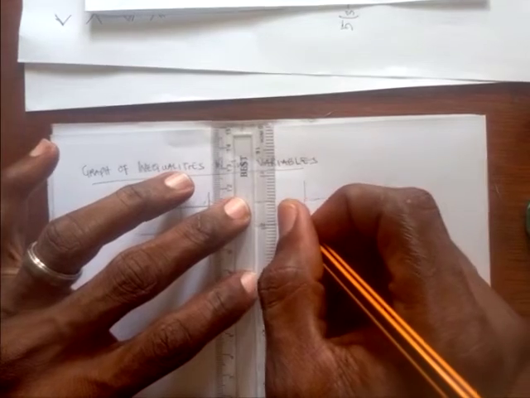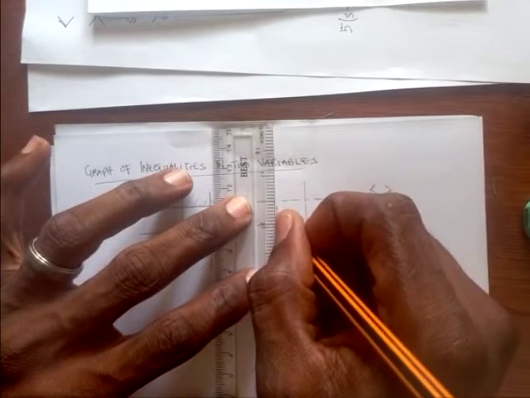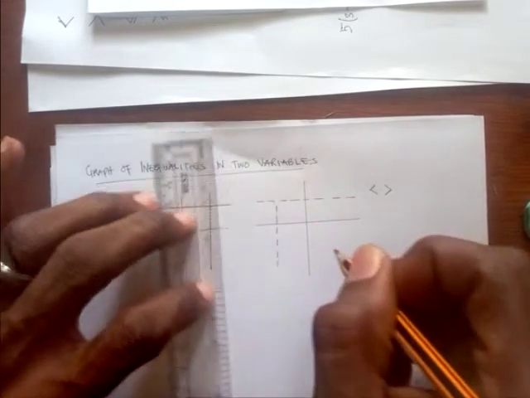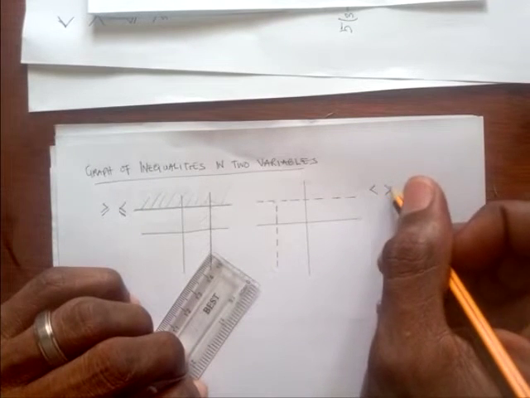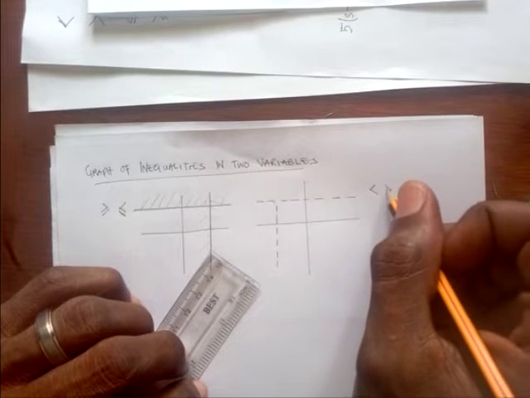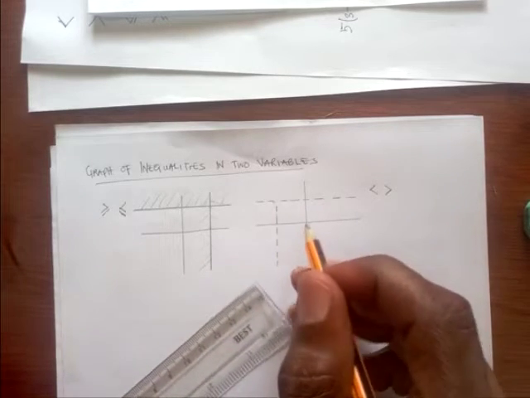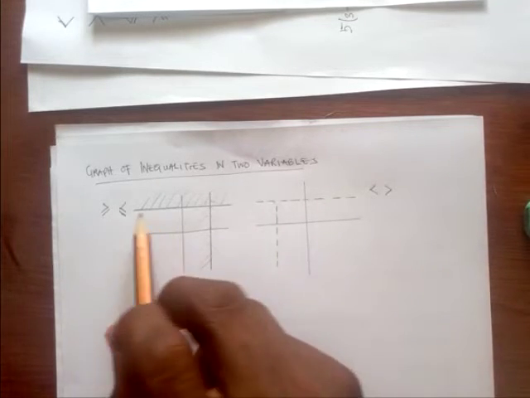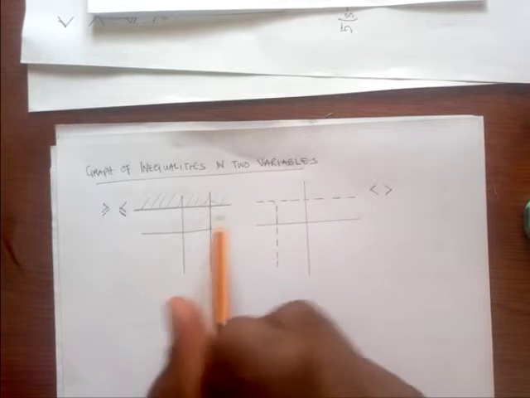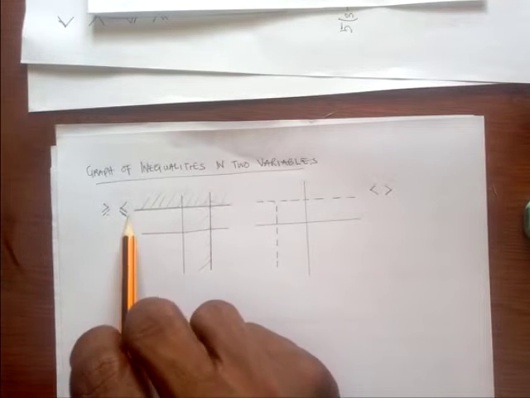Same thing here. If it's on your x-axis, it can be broken lines this way, broken lines this way. Sorry, that's for less than and for greater than. So when it is broken, it is for less than or greater than. When it is thick continuous line, it is for greater than or equal to or less than or equal to.